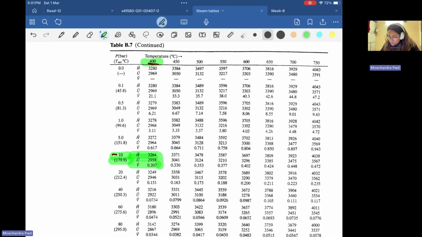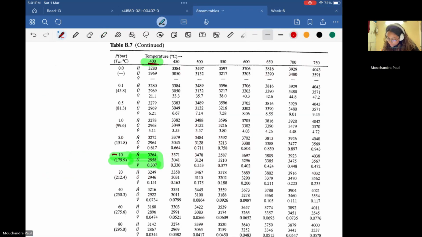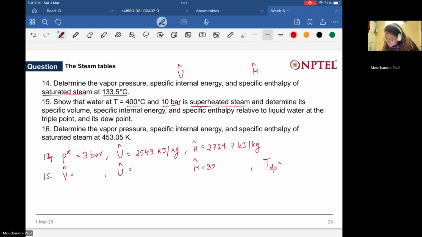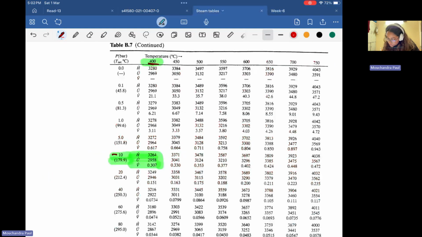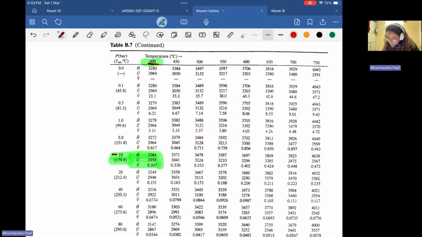So H hat then becomes 3264 kilojoule per kg. Then U hat is 2958 kilojoule per kg. And V hat becomes 0.307.